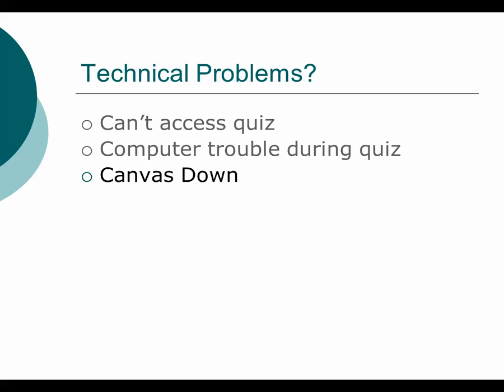If it's down for a long time, and this goes with any assignment, if Canvas is down for over half of a day, I will extend the deadlines so that everybody has the appropriate amount of time to work on the class. So don't worry that technical problems in this sense will permanently harm you.